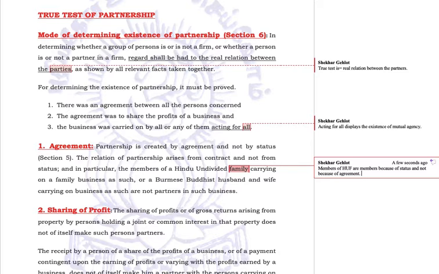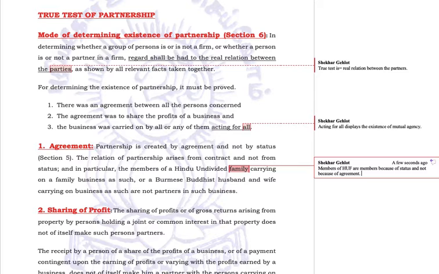Though there is no agreement, there is an existence of mutual agency in the Hindu undivided family as well. Whatever the karta, the manager of the Hindu undivided family, will do is binding on the other members. But that is not happening because of a contract or an agreement. That is happening because we are part of that family.